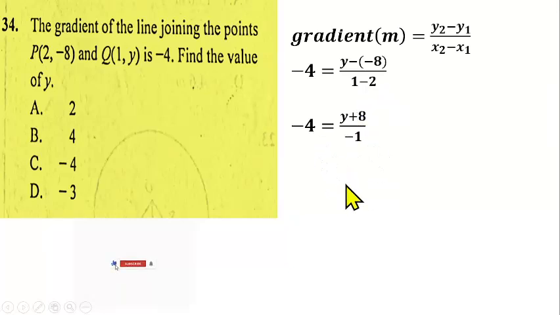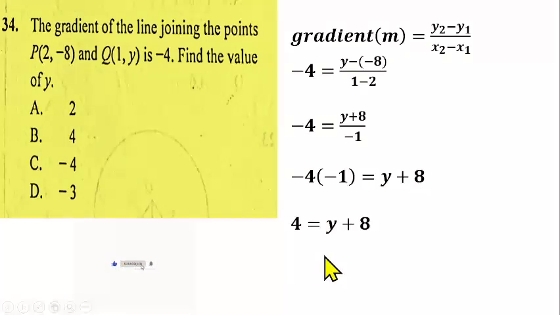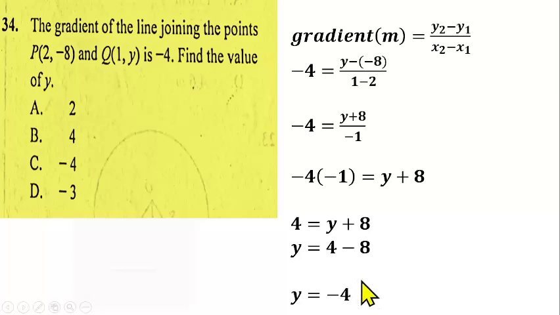From there you can cross multiply. You have y plus 8 equals -4 times -1. That gives us 4 equals y plus 8. Collect like terms: y equals 4 minus 8. Y will be equal to -4, which is option C for question number 34.